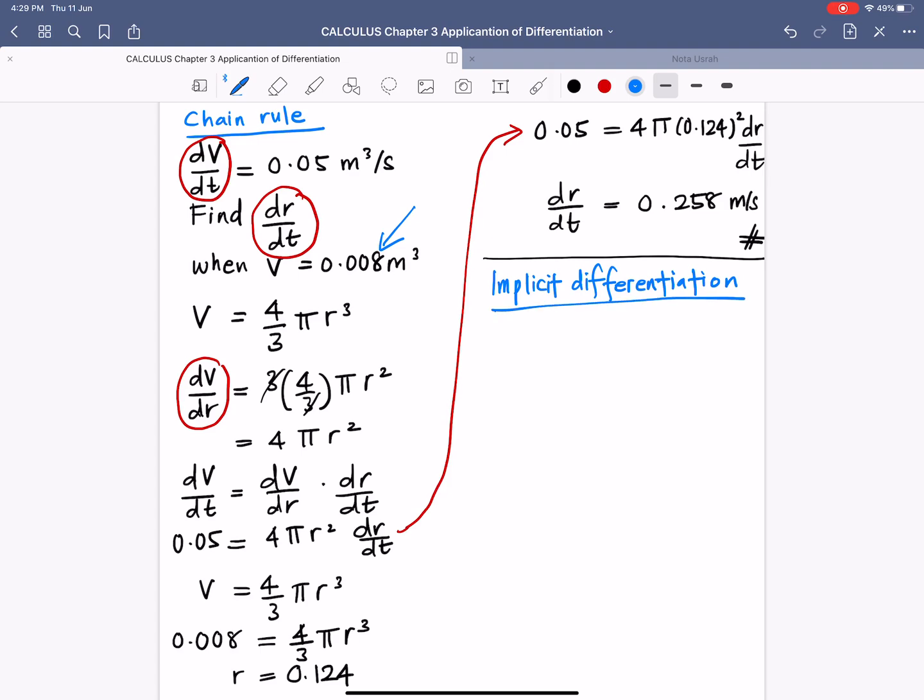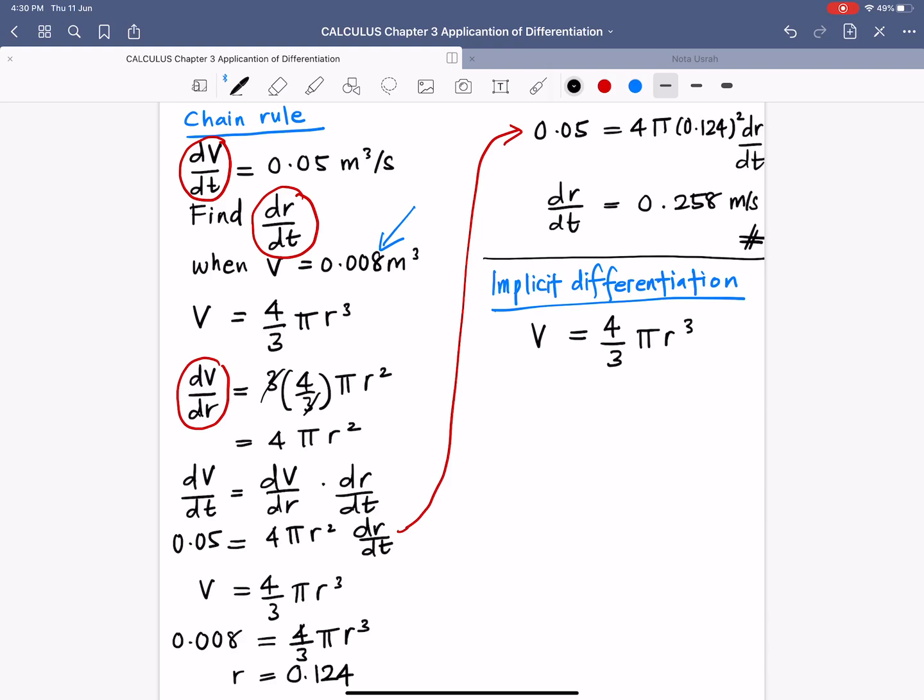If you want to use implicit differentiation, we will utilize the formula for the volume of the sphere, which is V equals 4 over 3 pi r cubed.